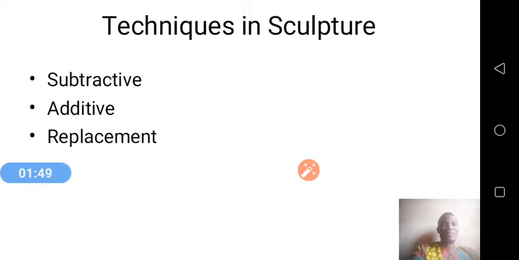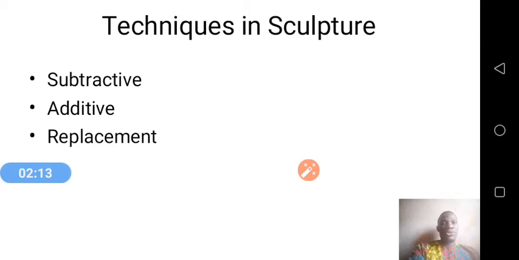Additive technique, again, just as the name implies, you add bits and pieces of a particular material to build art forms. Examples of additive technique are clay and another example is wax, beeswax sculpture.